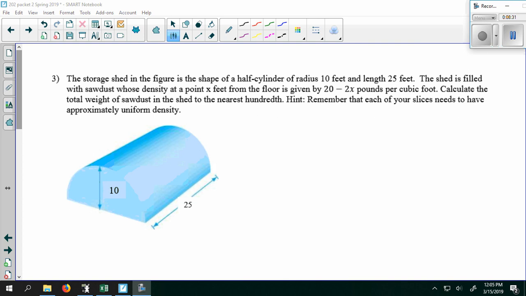Okay, so remember that your slices need to have approximately uniform density, and my density varies according to height above the ground. So my slices have to be at varying heights.